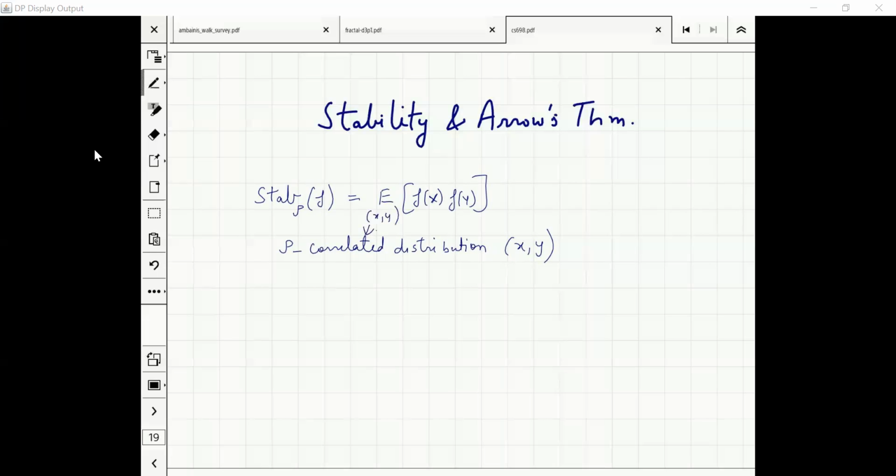This is how we define stability rho. Here, an important point to consider: the probability distribution is not the uniform distribution. Generally, we have taken probability and expectation over the uniform distribution. Here, the probability is over this rho-correlated distribution.